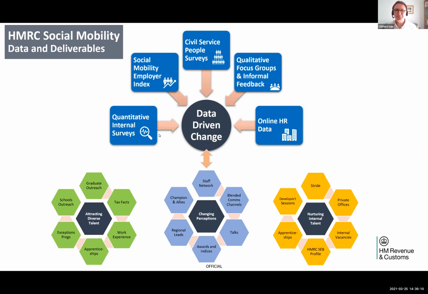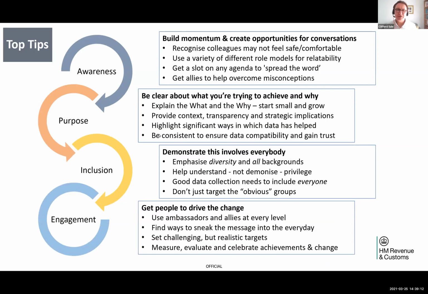So one of the things we were asked to do today, considering our journey and our experience, was perhaps look at some helpful tips to overcome barriers to data collection. So we've narrowed that down to 4 main headings, which I'll just quickly go through. So first of all, recognise that colleagues might not feel safe or comfortable.